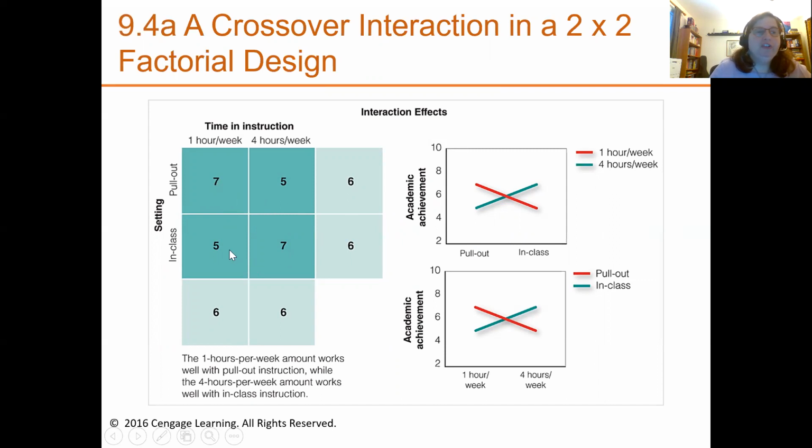In other words, if you're in class, 1 hour per week is no good, but 4 hours per week is really good. Whereas if you're asynchronous or pull out, the 1 hour per week works really good and the 4 hours per week does not. And you can see it's a true cross here.